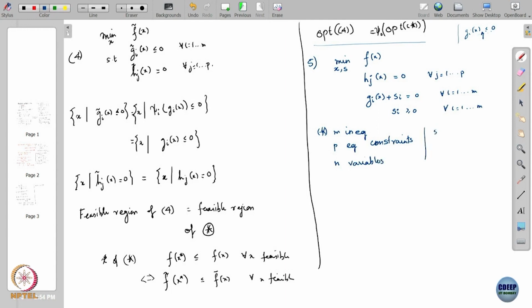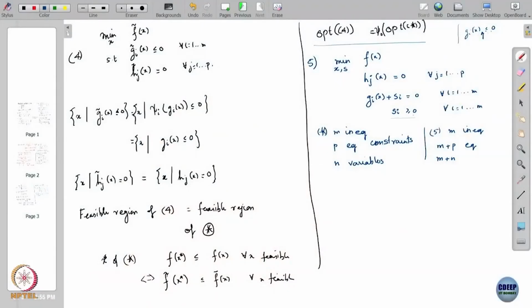On the other hand, problem 5 has now m inequality constraints, m plus p equality constraints, and m plus n variables.